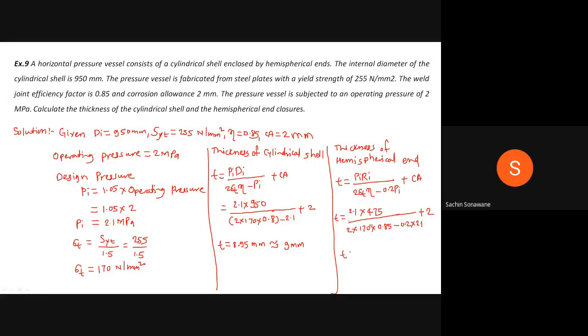Therefore, thickness T is equal to 5.46.